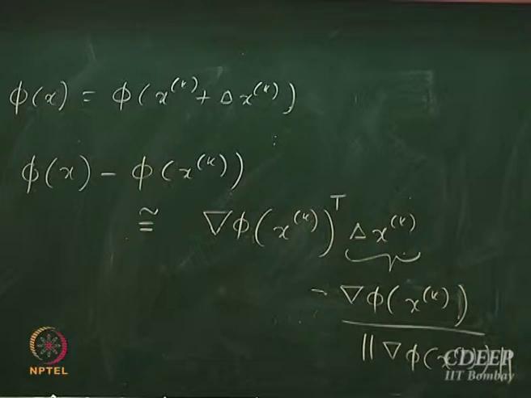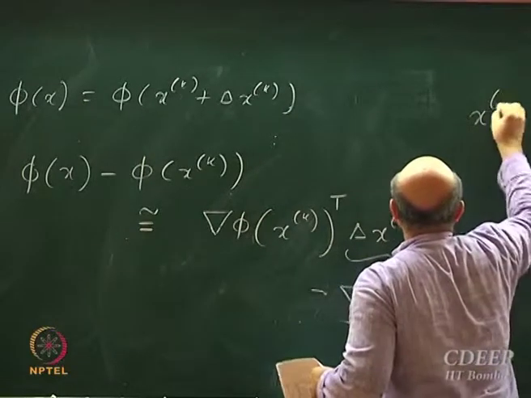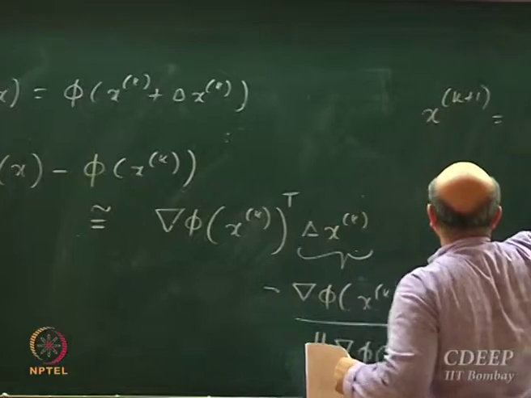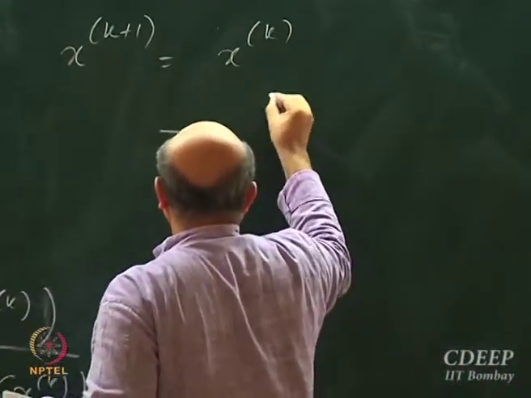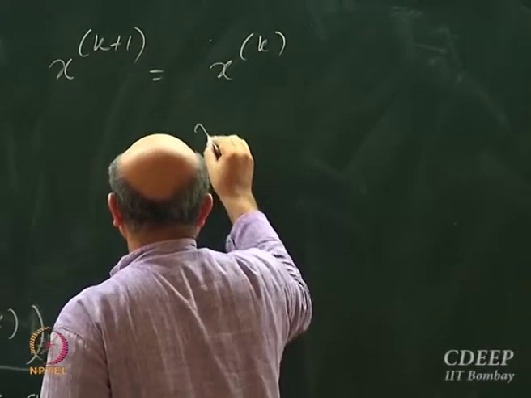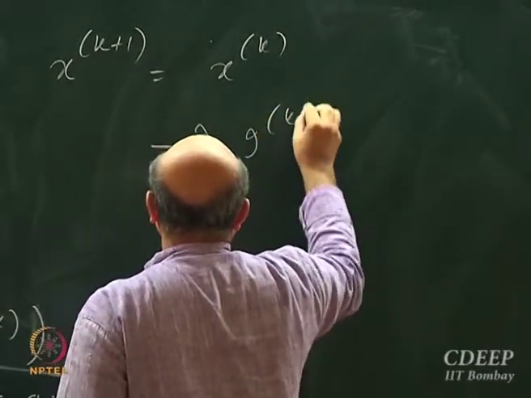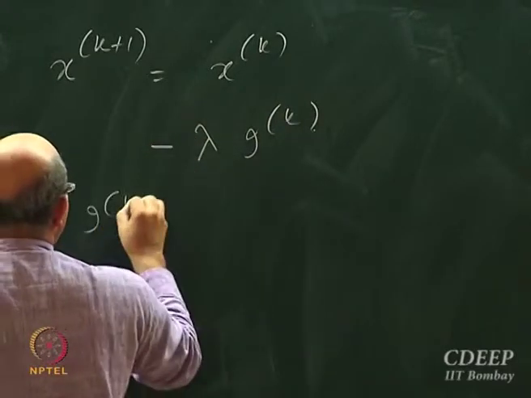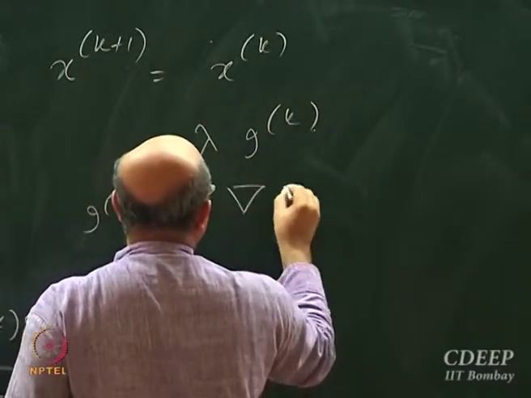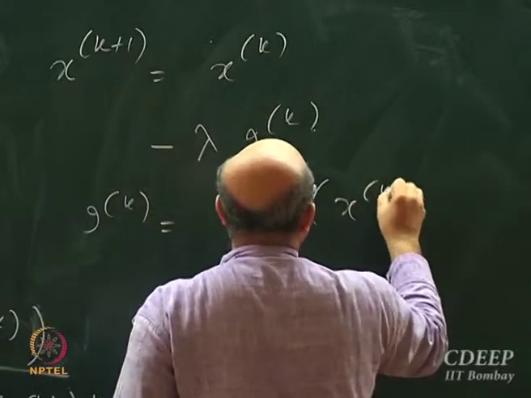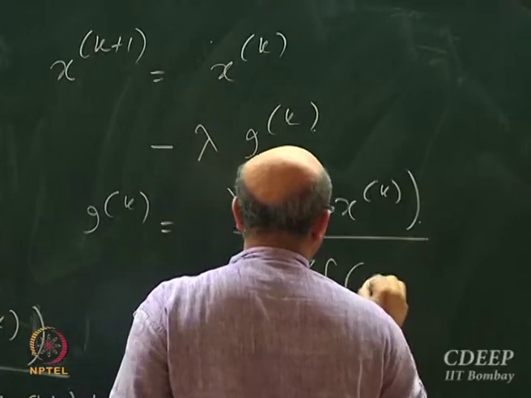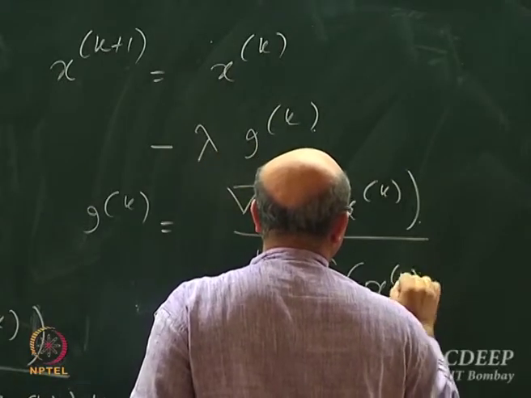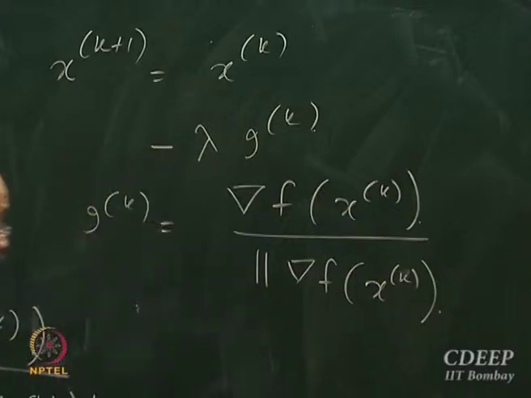So to find x_{k+1}, I am going to take x_k and minus, negative of the gradient direction. So lambda g_k, where g_k is nothing but grad f(x_k) by norm. Okay.